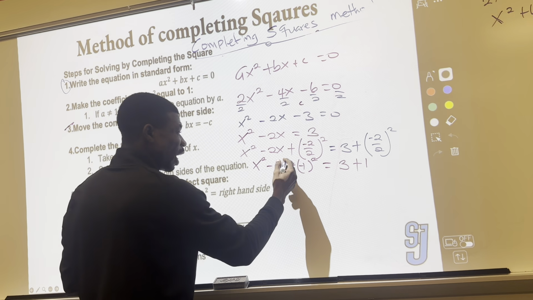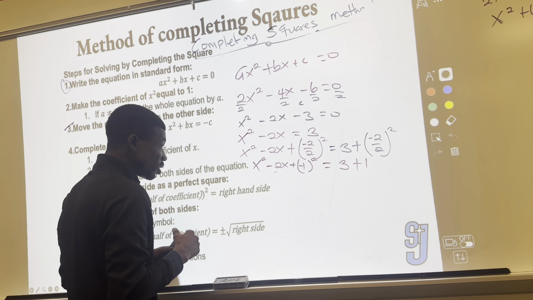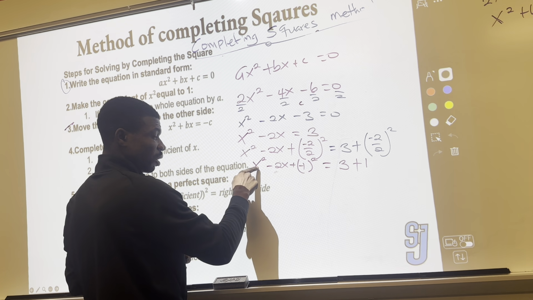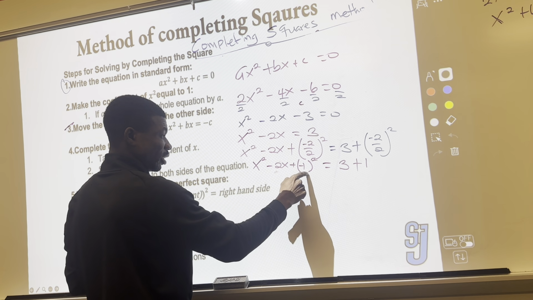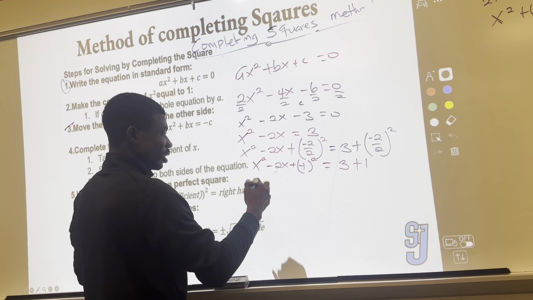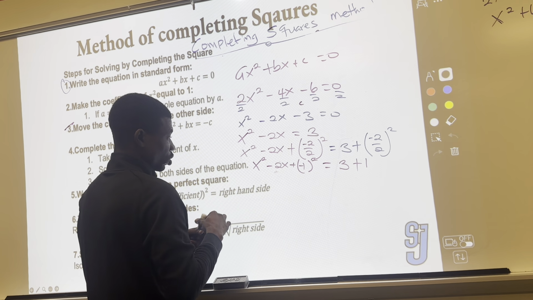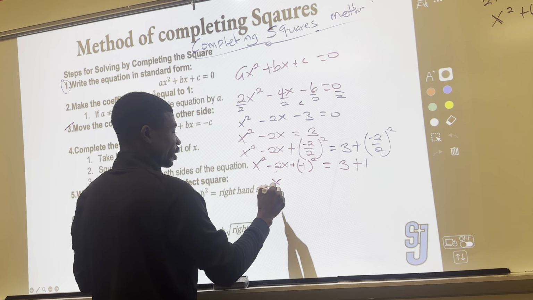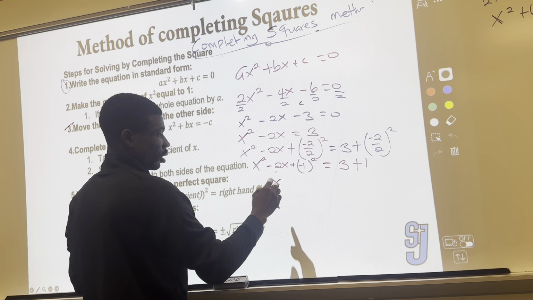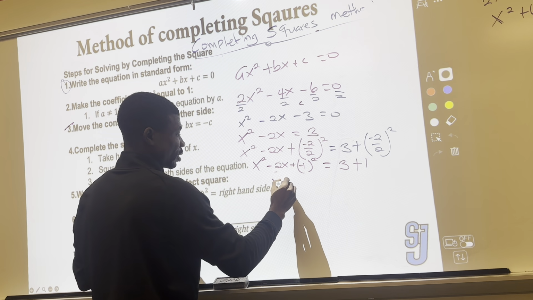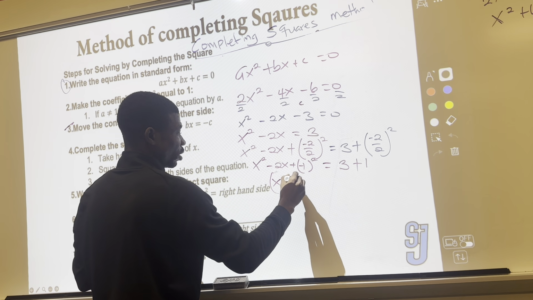Now, the reason why I'm doing this is because if you're not careful, you would miss this point. Now, what does this say? It says that I'm taking this, so I have my x minus 1 squared.